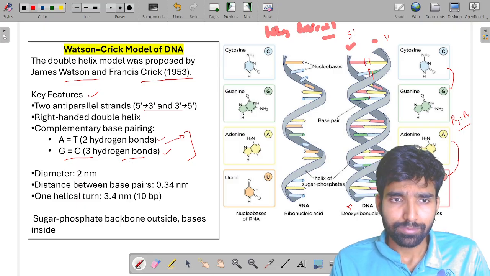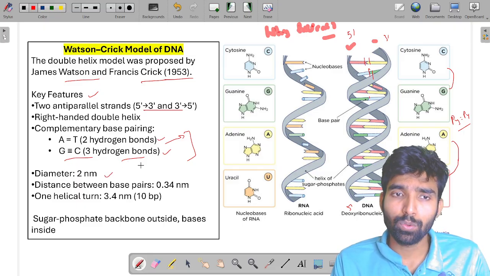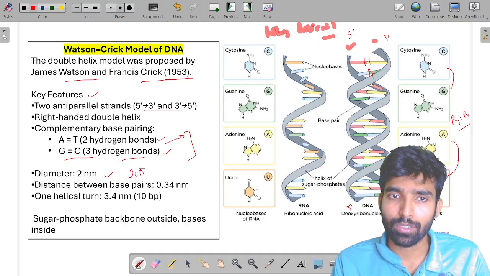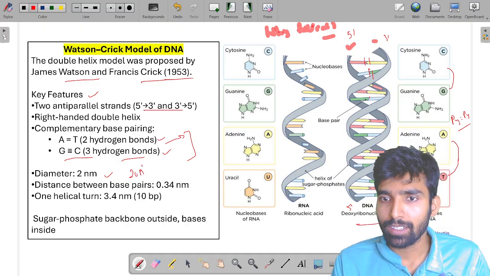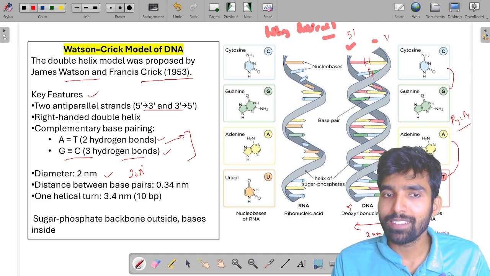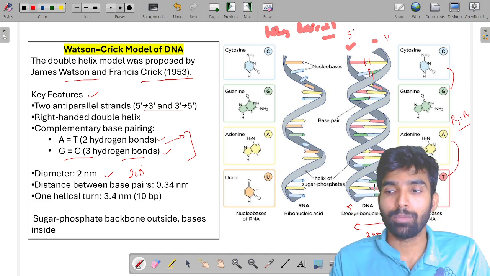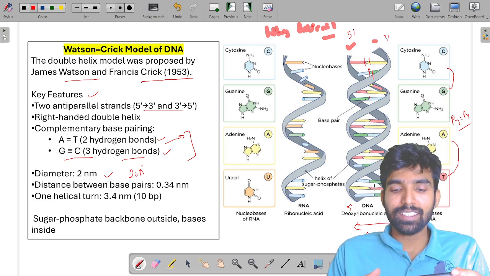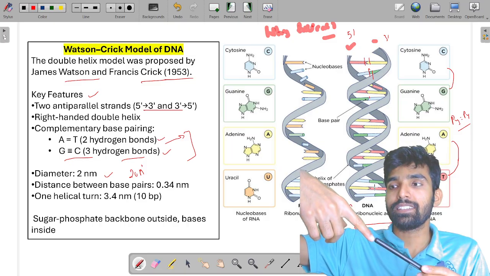The diameter is 2 nanometer, or you can say 20 Angstrom. Diameter means this one. So you have to accommodate the bases in such a way that they fit in 2 nanometer. It's not exactly a straight line; bases are aligned like this.